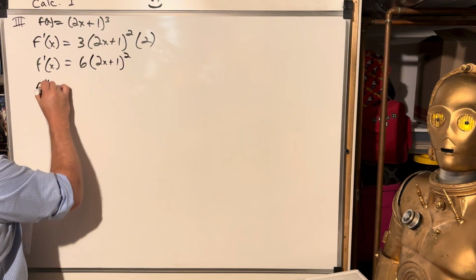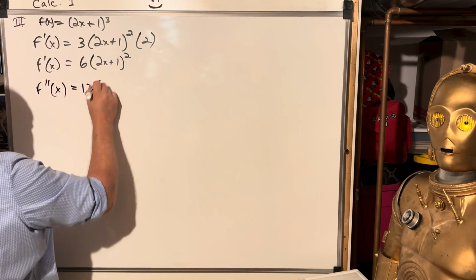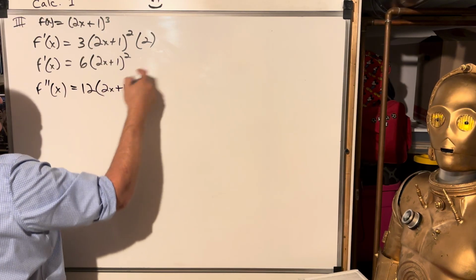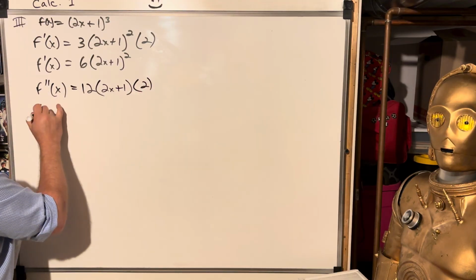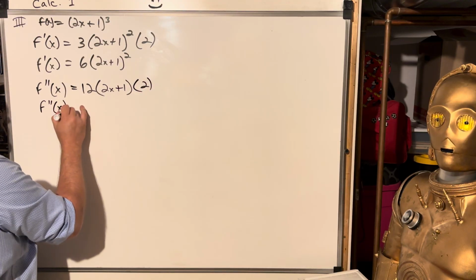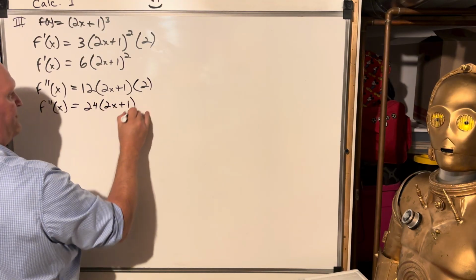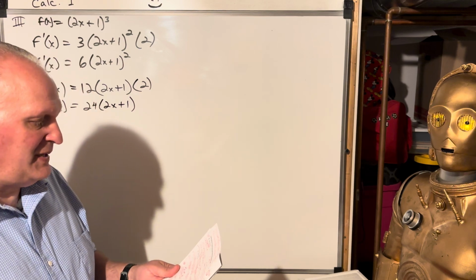Now, f double prime, you take the 2 times 6, you get a 12. Again, we leave the 2x plus 1 intact to the first power. And then times 2. So f double prime is equal to 24 times (2x plus 1). And you leave it like that. Don't multiply the 24 in.